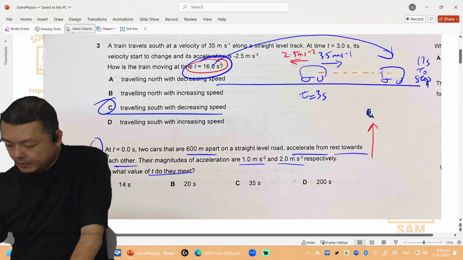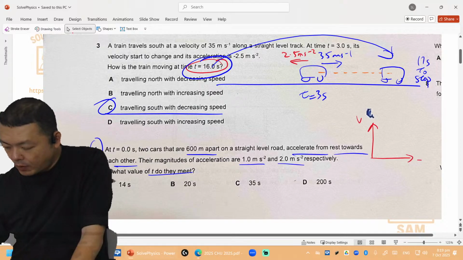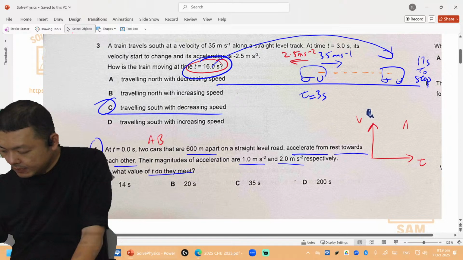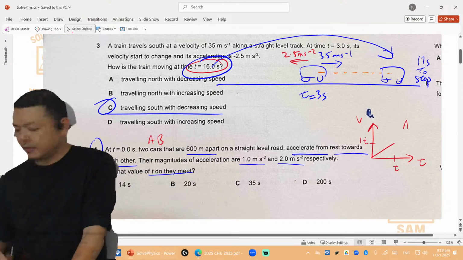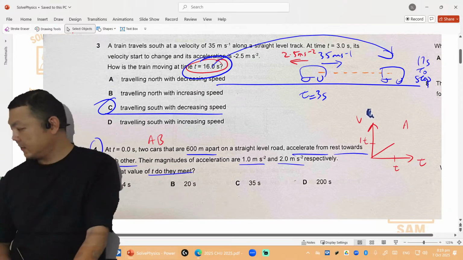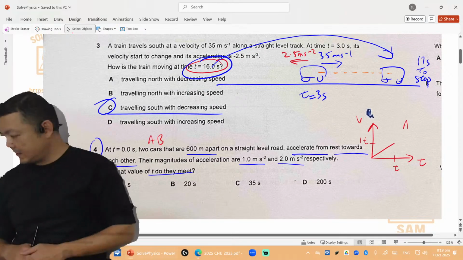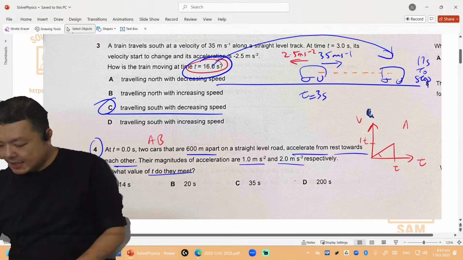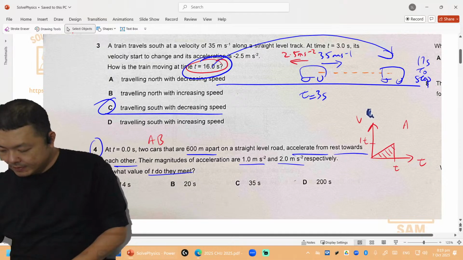Graphical method: you basically have v-t graphs for car A and B. This is car A. At a certain time t, the velocity is 1t. Do you understand that part?